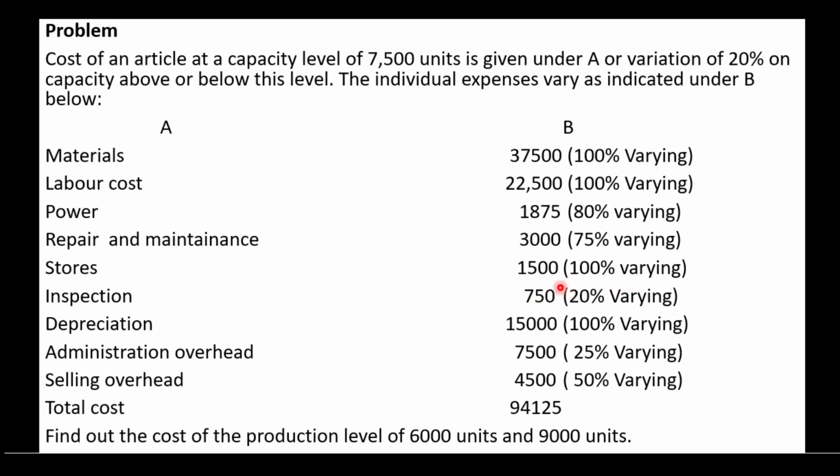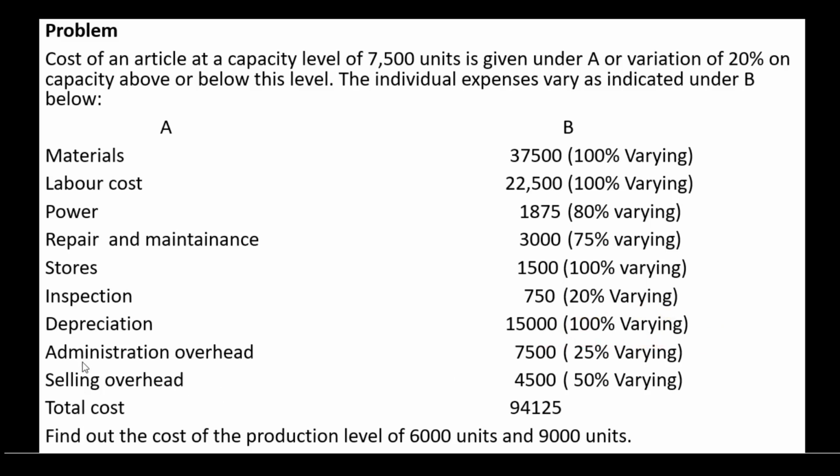For the inspection, the amount is 750 rupees. From this 20% is varying and the remaining 80% is fixed. And the next, the depreciation. The amount for the depreciation is 15,000. This whole amount is varying, meaning 100% varying.